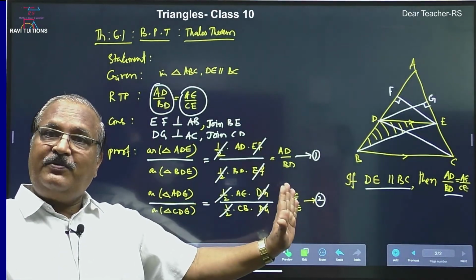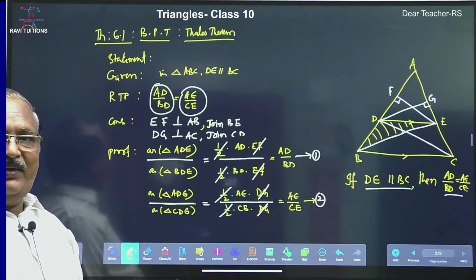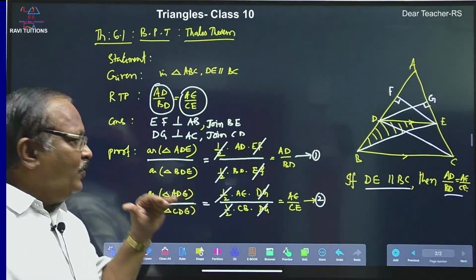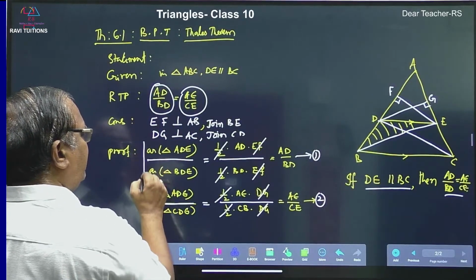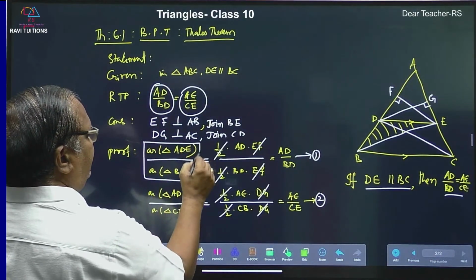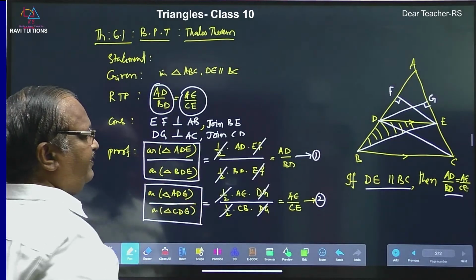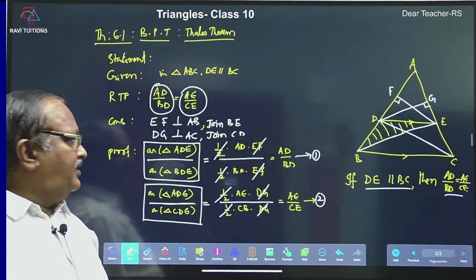So now we have to see whether the left hand sides of 1 and 2 are equal or not. Let us observe one by one. I will put a box here. This is the left hand side of 1 and this is the left hand side of 2. Let us observe part by part.